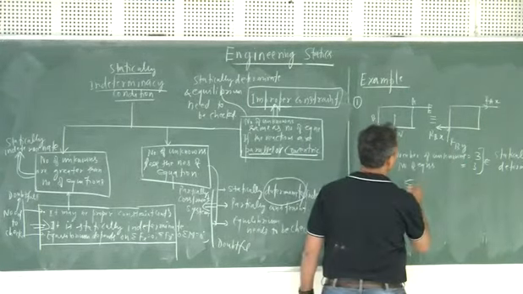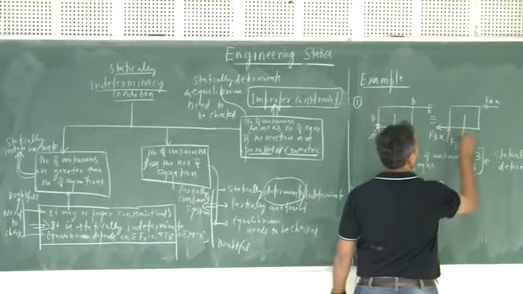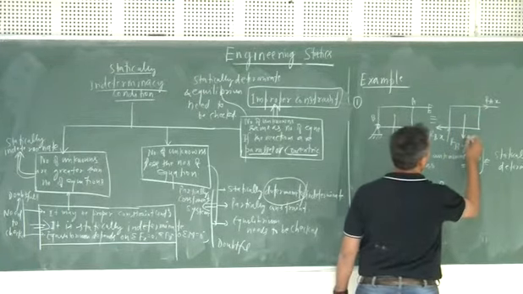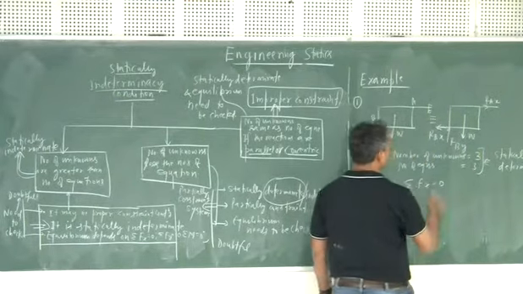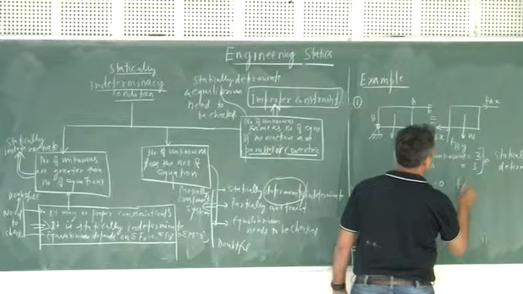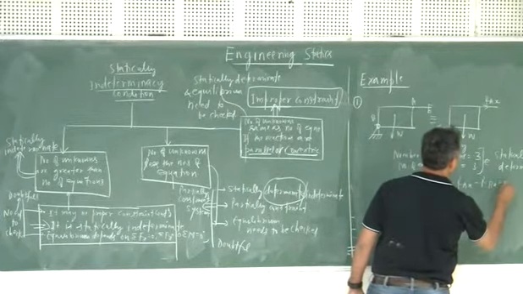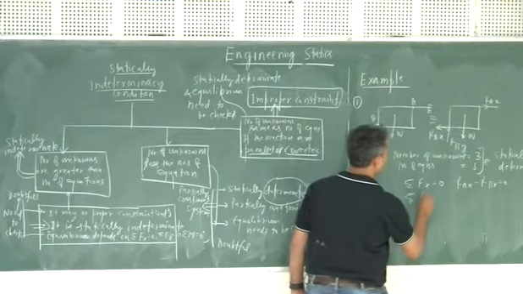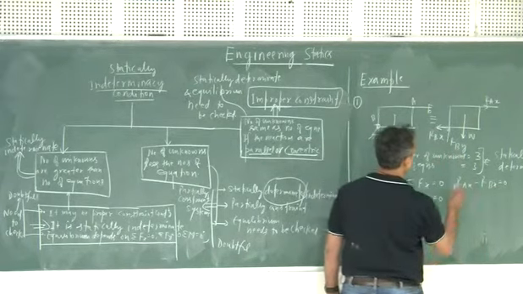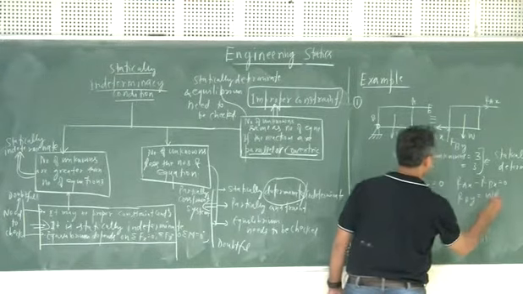So first of all, you will write summation Fx equals 0, and let's say this is your W. If you write Fx equals 0, you get R A X plus R B X equals 0. Fy equals 0 will give R B Y equals 0.